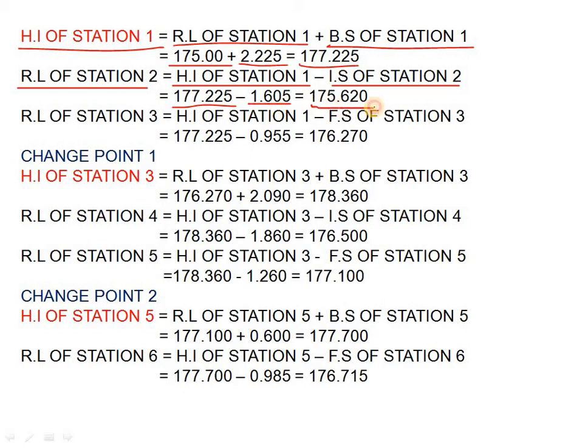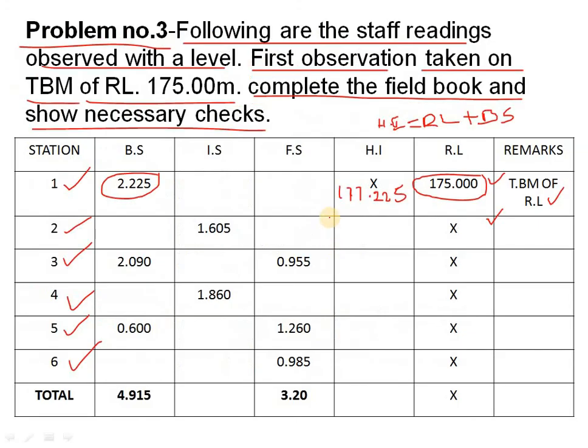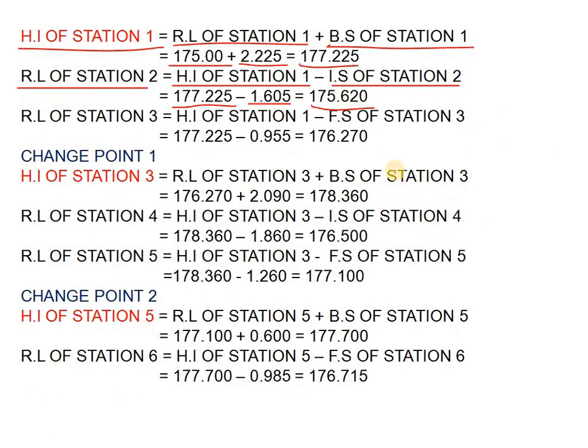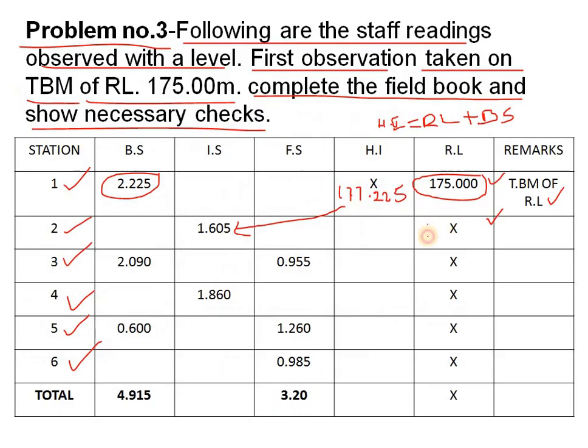We will get 175.620. That means 177.225 minus IS of station 2, we will get the answer as 175.620. So this is the answer we will get.